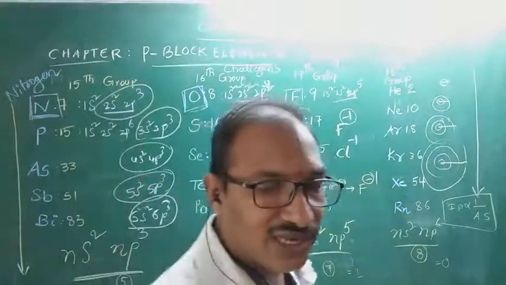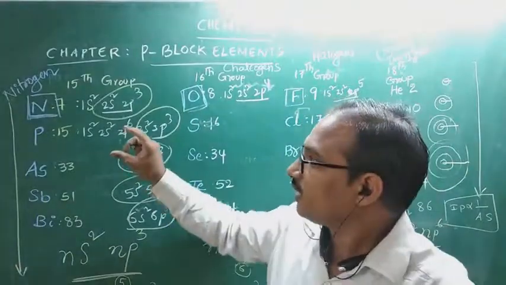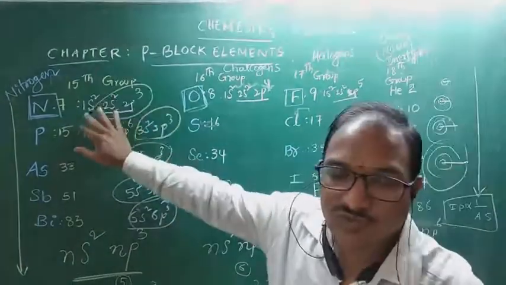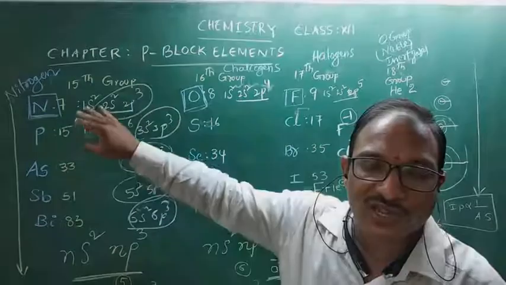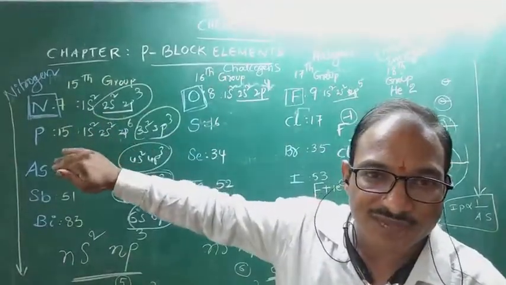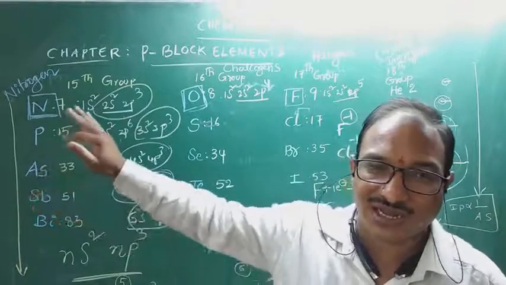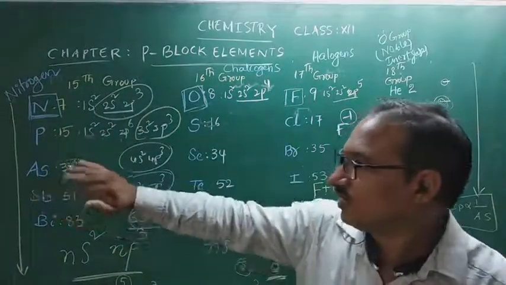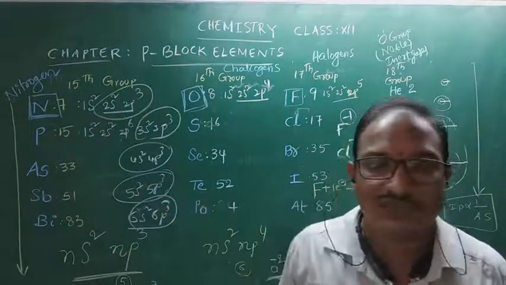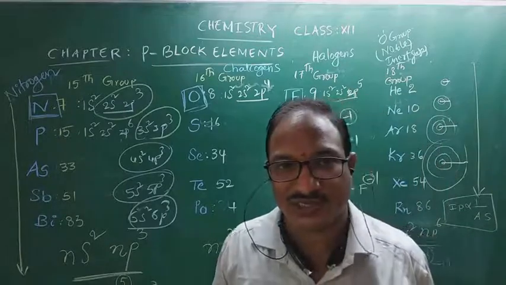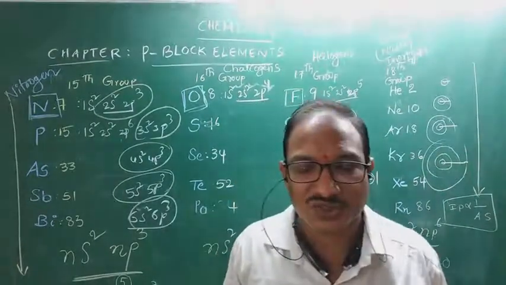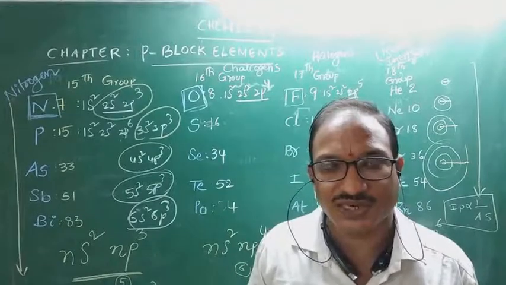In the next video, we'll go to the individual groups, starting with the 15th group. We will see what elements are present in it and what the general properties are, and we will discuss the compounds of nitrogen and compounds of phosphorus and their chemical properties. I hope you understood, children. Okay, thank you.